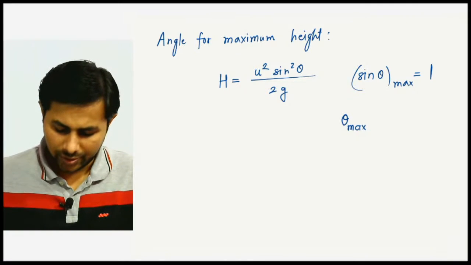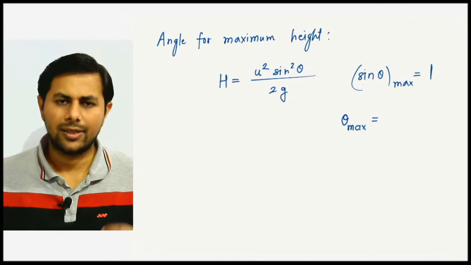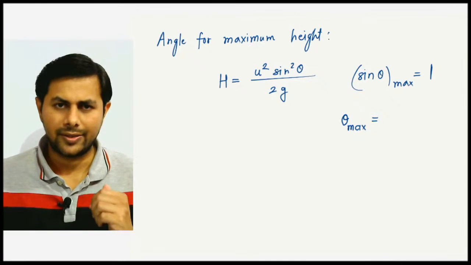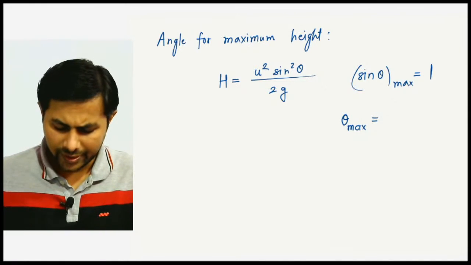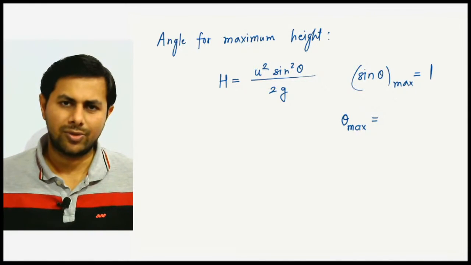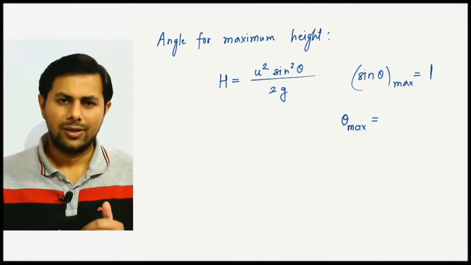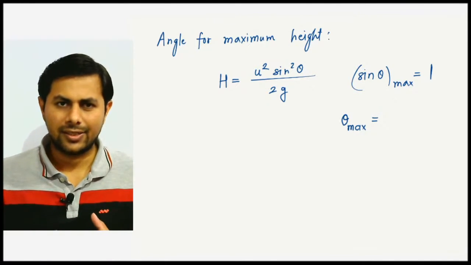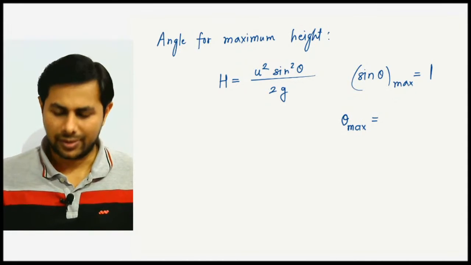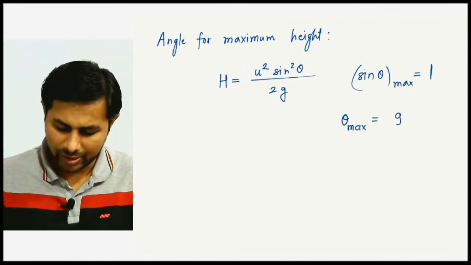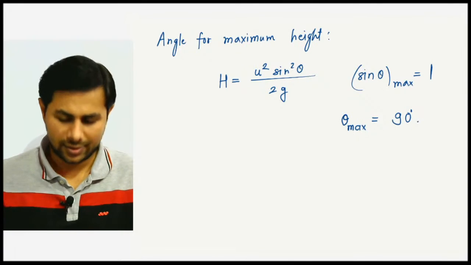Theta max is the angle corresponding to the maximum height. Then if sin of theta max is equal to 1, then what will be theta? We know when theta is 90 degrees, sin theta is equal to 1. So theta max should be equal to 90 degrees.